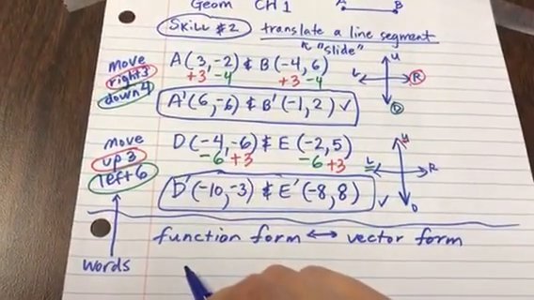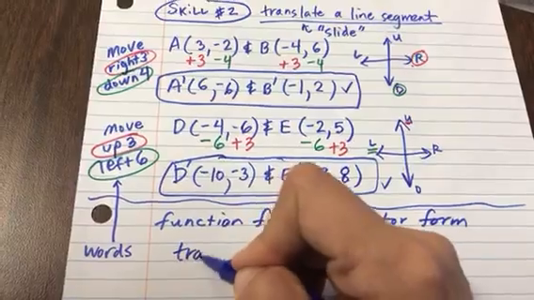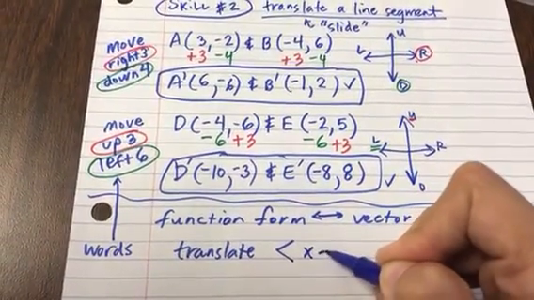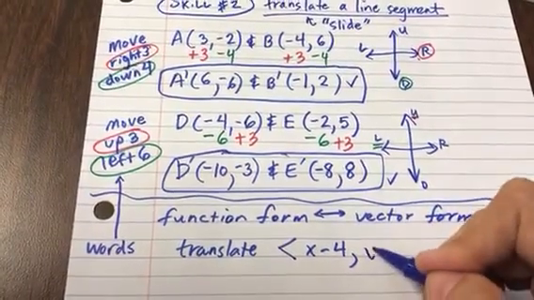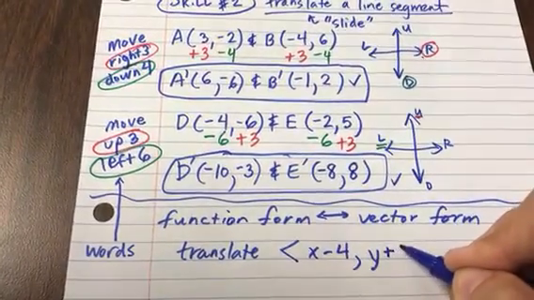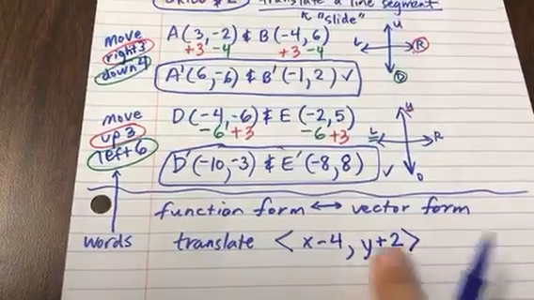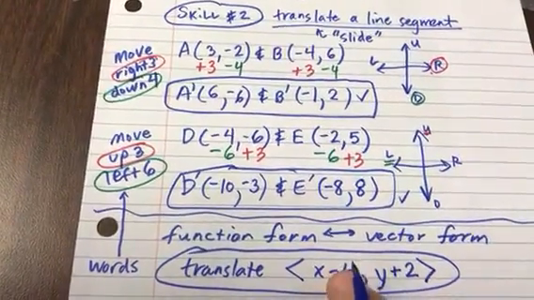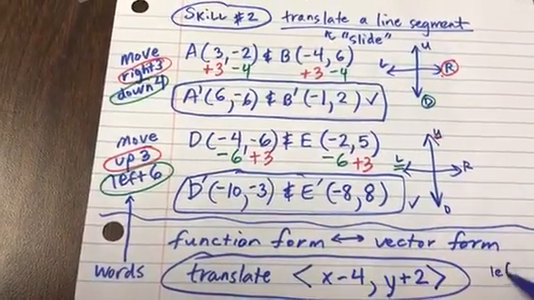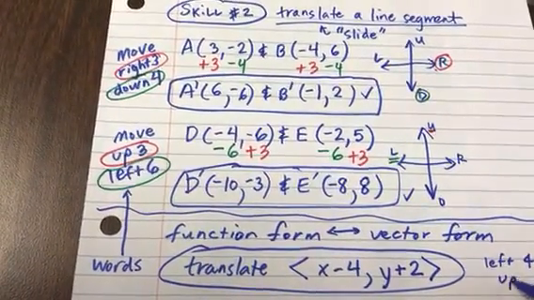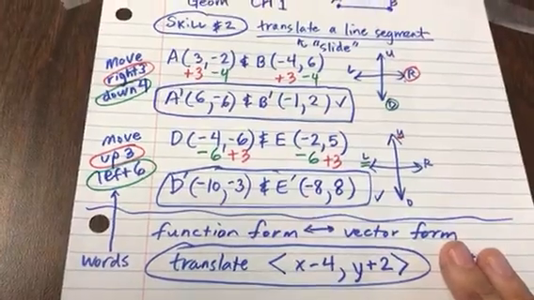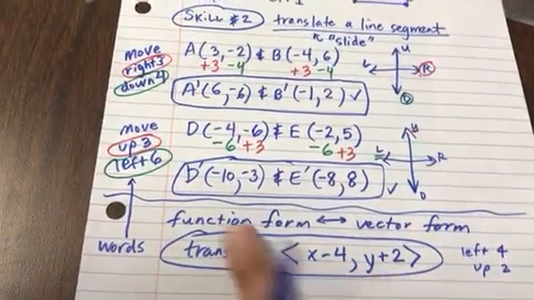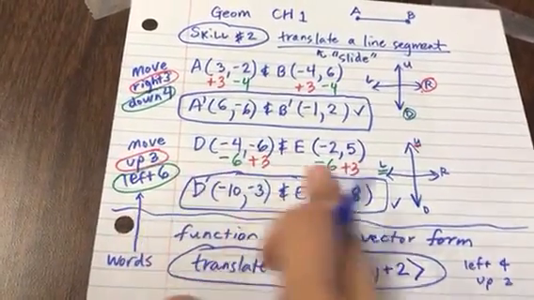Let's say they said, please translate the line using the rule: bracket x minus 4, comma, y plus 2, end bracket. That's code. What they're saying is left 4 and up 2, but they didn't say the words. They said this. And this is actually easier because I don't accidentally mix up which one to apply it to.